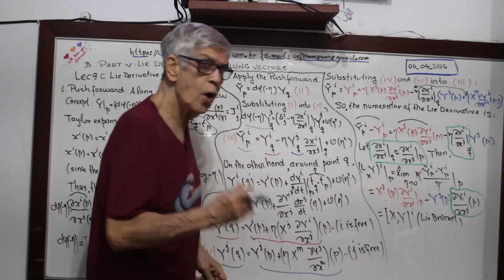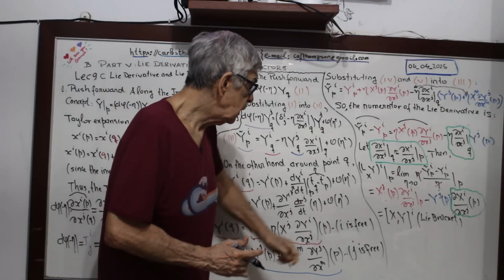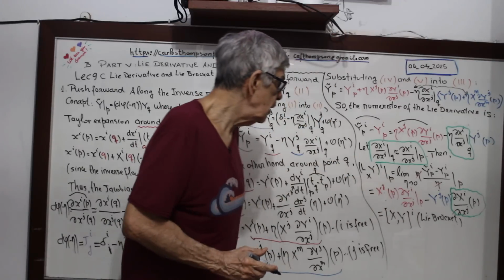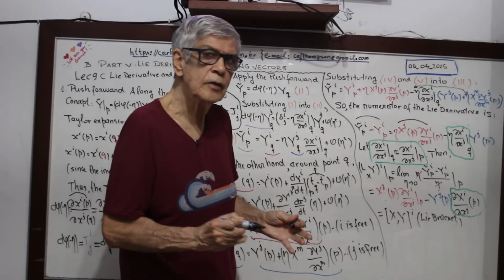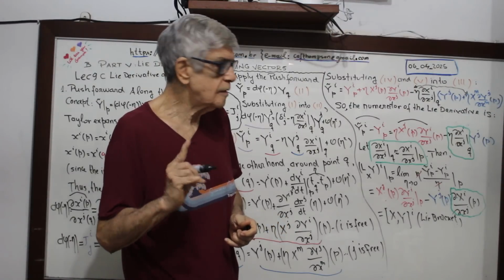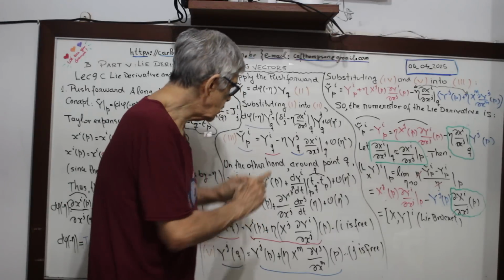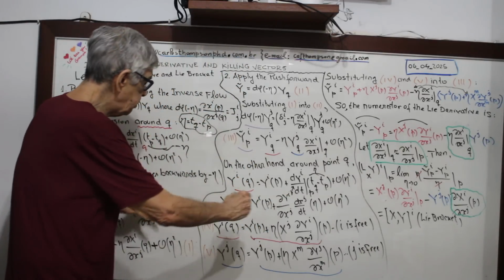The color will help you to see it. So this here is what we want. This is what we call the Lie derivative, only using push forward. That's clear. You just follow, take a piece of paper, and try to repeat this.